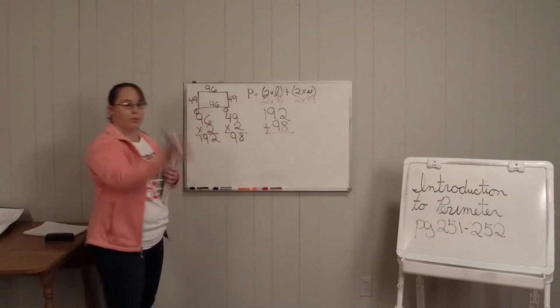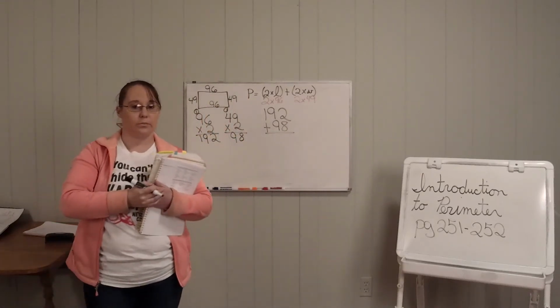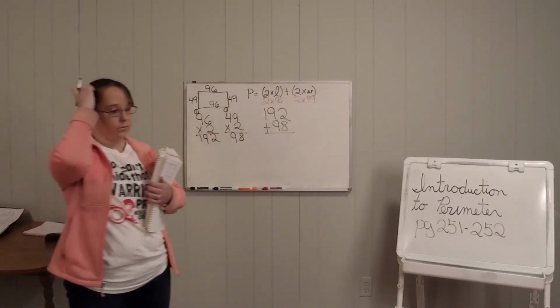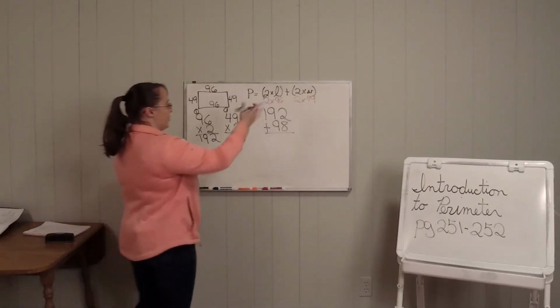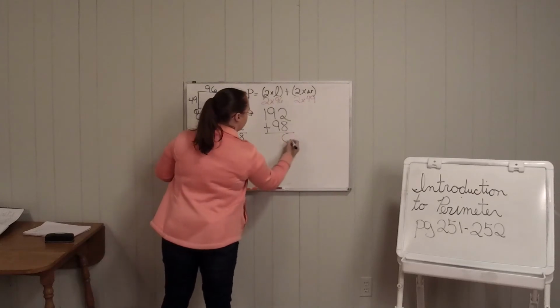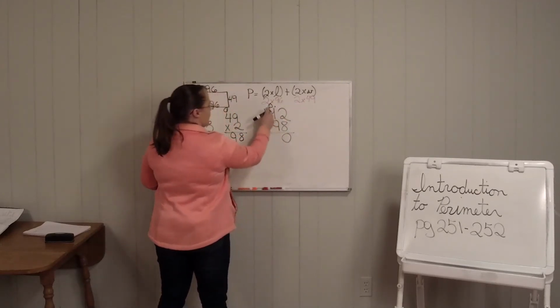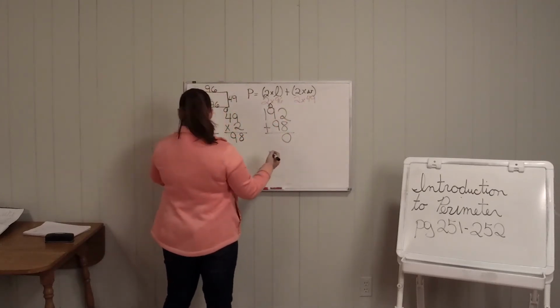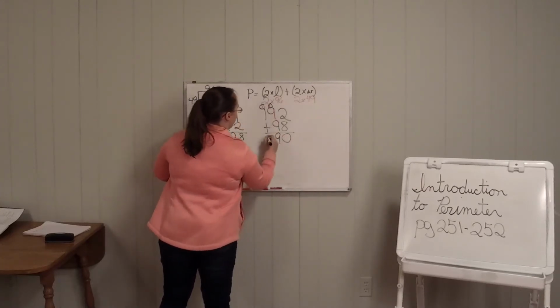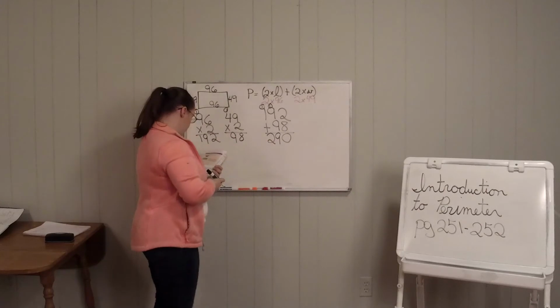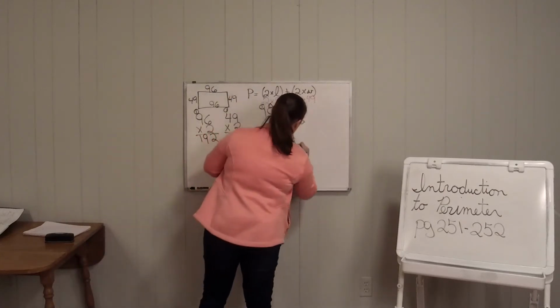I'll give you some time to process what we've been doing. Okay, 8 plus 2 is 10. 9 plus 9 is 18, plus 1 more is 19. So the answer is 290 yards.